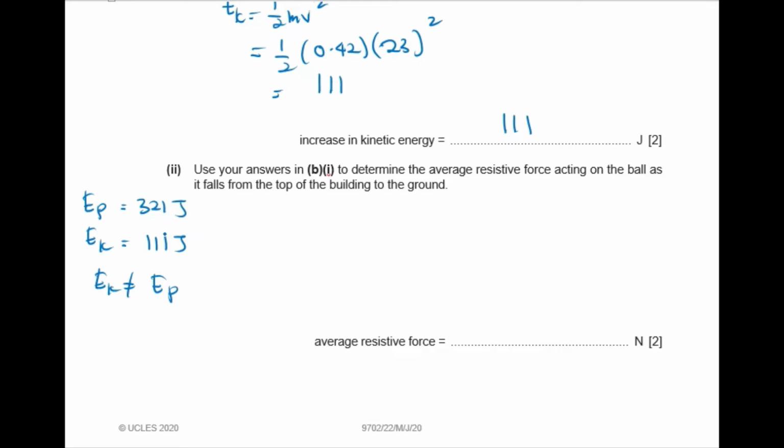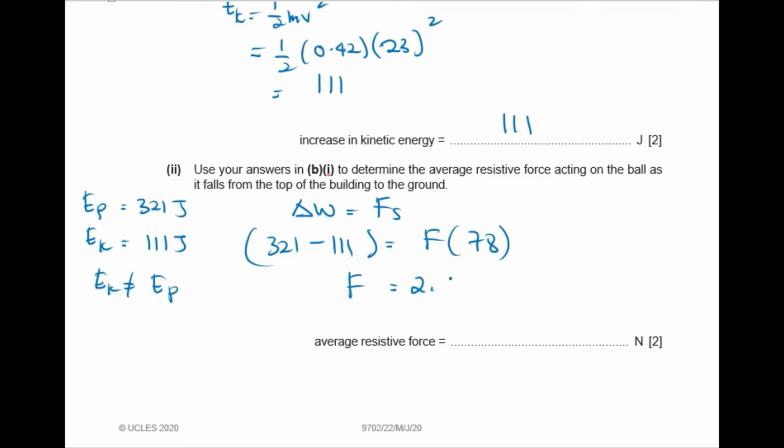Okay, now we want to calculate the resistive force. So there is a difference between gravitational potential energy and kinetic energy. So work done equals force times distance. 321 joule minus 111 joule equals force times distance, 78 meter. So force equals 2.69 Newton.